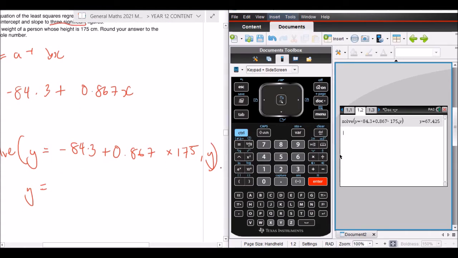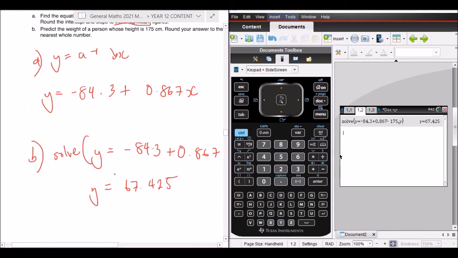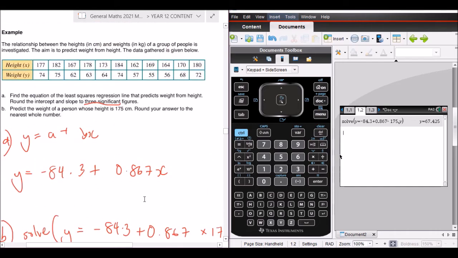So the decimal answer is 67.425, and it says round to the nearest whole number, so that means it should just be 67 kilograms. All right, pretty straightforward, right?